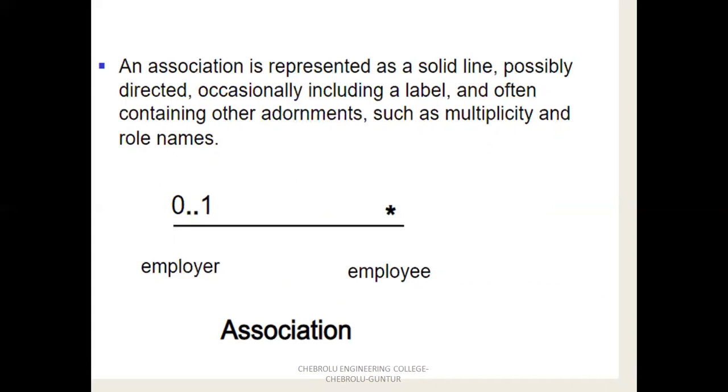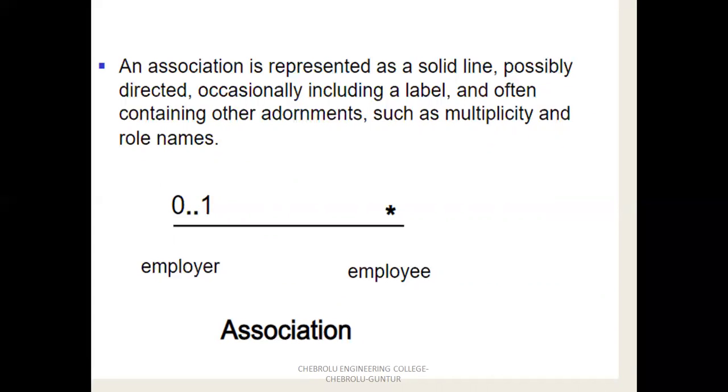The multiplicities are one to one, one to many, many to one, and many to many. That is, there are different types of association relationships. They are also represented by labels: one to one, one to star, star to one, star to star.